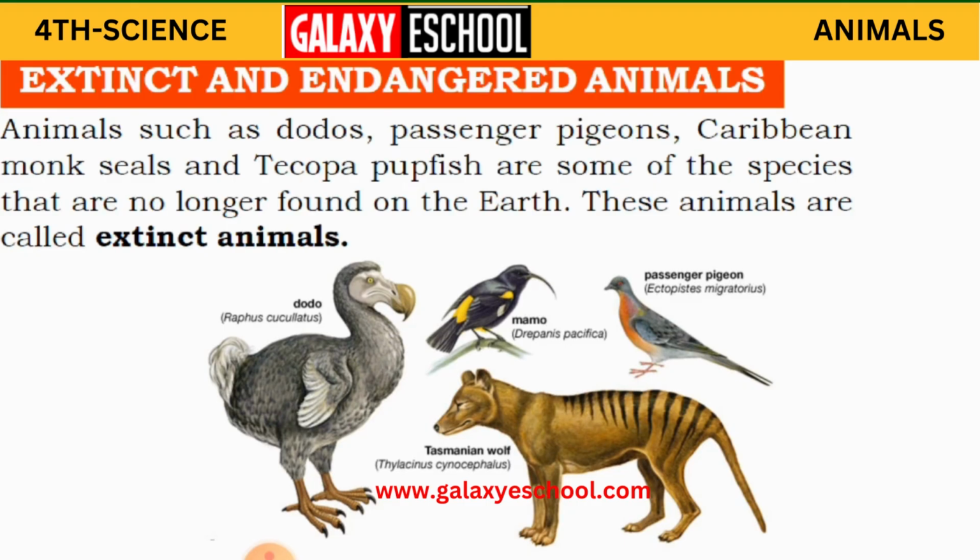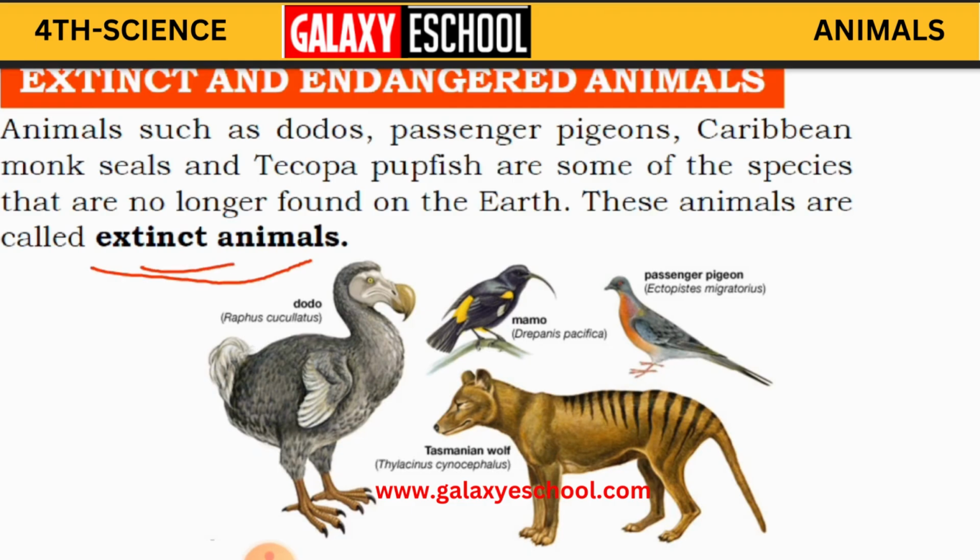These animals are called extinct animals. So what are extinct animals, children? Which are not found on the earth, which were living once upon a time. They are not living now. So we are not able to find such animals. Such type of animals are called extinct animals.